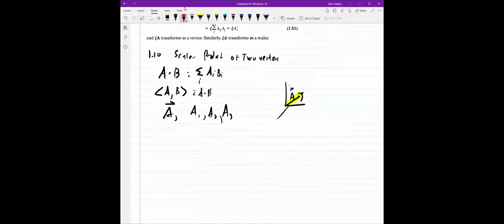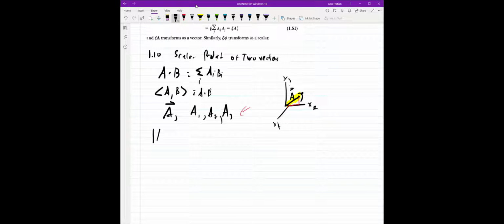Remember, my vector is defined by its projections across the axes, X1, X2, X3. It's defined as how far you go this way, how far you go this way, and how far you go this way. That's how you get A1, A2, A3. Those are the projections across the X, Y, and Z.